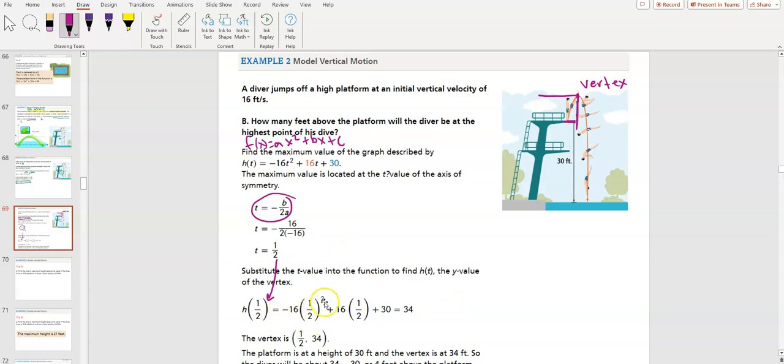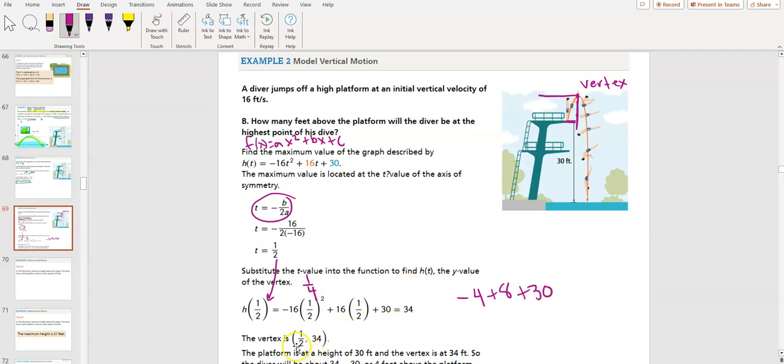So 1/2 squared is 1/4. A fourth of negative 16 is negative 4. A half of 16 is 8. 8 plus 30, and when you do the math, you get 34.